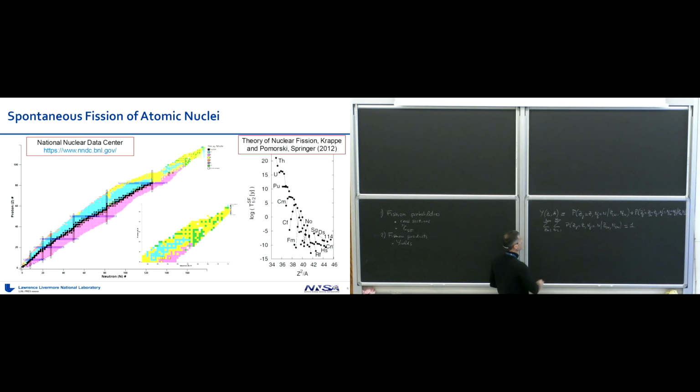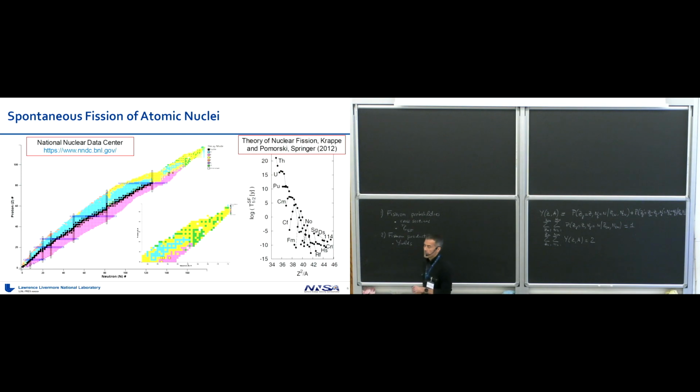And it also means, by way of consequence, that if I now do the same summation of the yield, then it sums to 2.